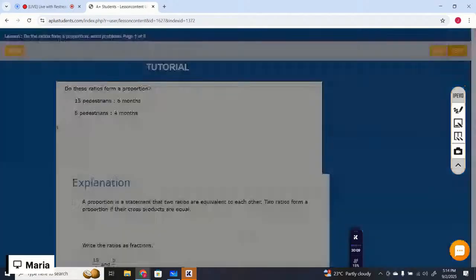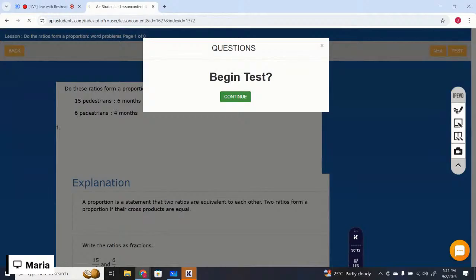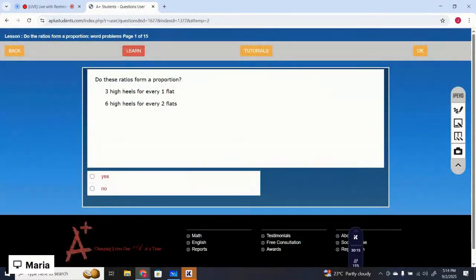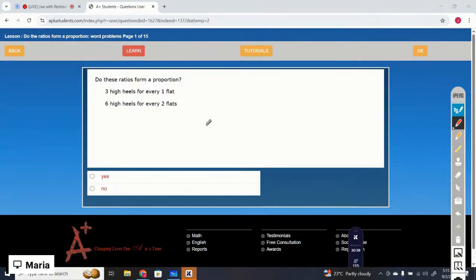Let's start with the test questions. Three high heels for one flat, 3 by 1, and 6 by 2.